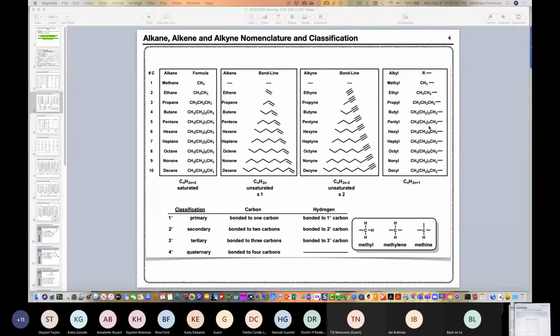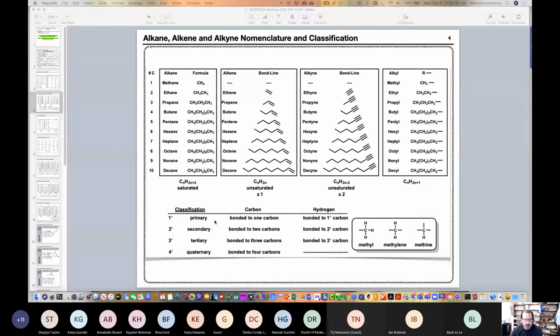This box here is telling you what those specific carbon counts are when they're substituents. So if you have a 1 carbon methyl, the ane now becomes yl, so methyl. This you've seen before.